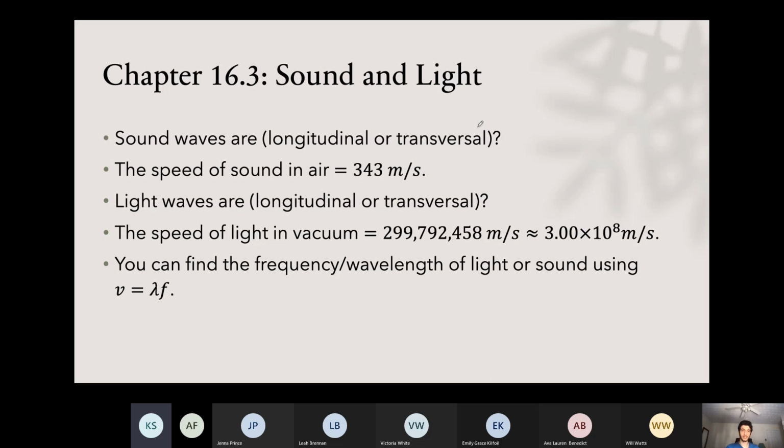When you say sound waves, how does a sound wave propagate through air? Is it longitudinal? Does the air get compressed, or do the particles go up and down to get to your ears?